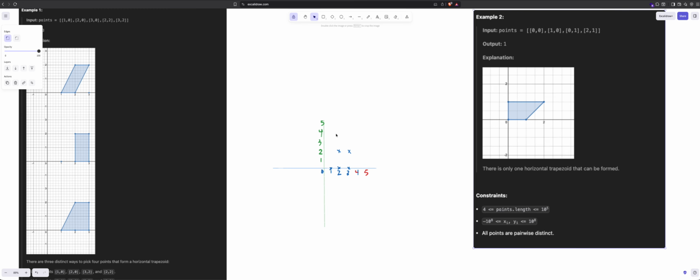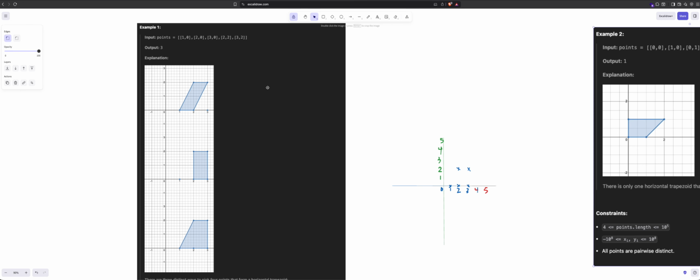Yep, so let's go for example 1. We are given the points 1, 0, 2, 0, and 3, 0, and 2, 2, and 3, 2. If we analyze this problem, we have 3 points with the same y coordinate and 2 points with the same y coordinate.